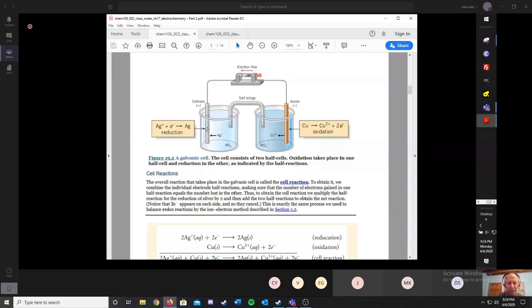It will take electrons out of this region here, the cathode. It works its way through the wire, and it forces the copper to oxidize here and to replace that empty spot where there was an electron. So copper gives it up, and that process continues over and over again, and we get a current going from left to right.